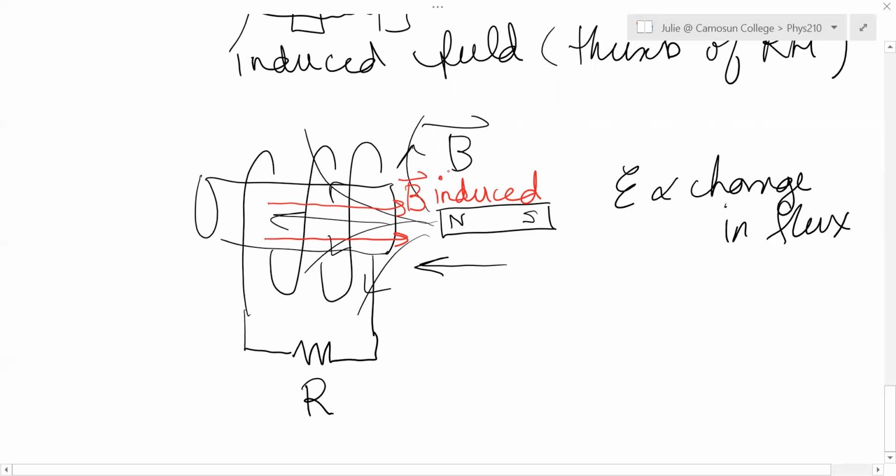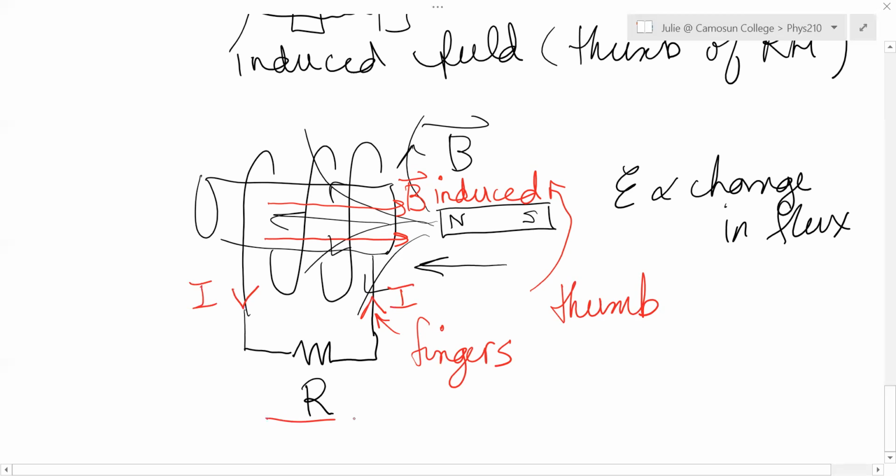So now to figure out which way the current goes through the resistor, because that's the question, put your thumb in this direction. Your fingers curl around the solenoid. So you put your thumb over to the right, fingers curl, loop around. The induced current would go like this. Go up underneath the solenoid, around, around, around, back this way, and then over to the right. And so that would be I induced.